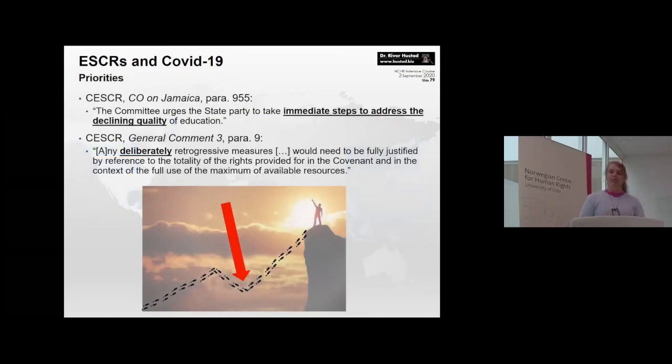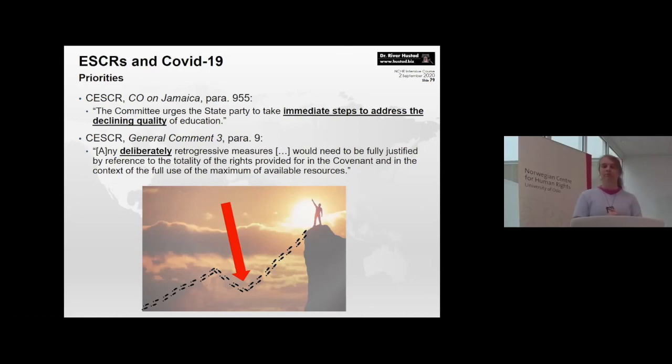And then we talked about retrogression at one point, going backwards. If we look at this situation in the committee from Jamaica, it was observed that there was some declining quality of education. And so the committee said, if we apply General Comment 3, that any deliberately retrogressive measures would need to be fully justified by reference to the totality of the rights provided for in the covenant and in the context of the full use of the maximum available resources.